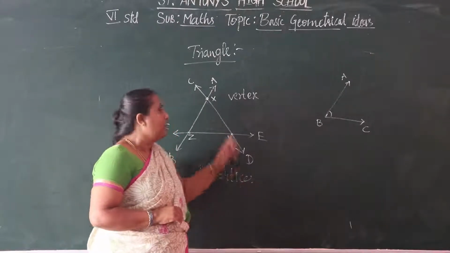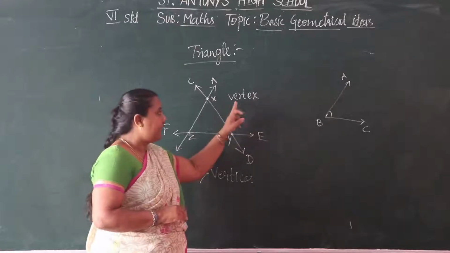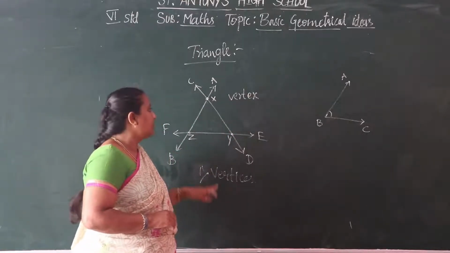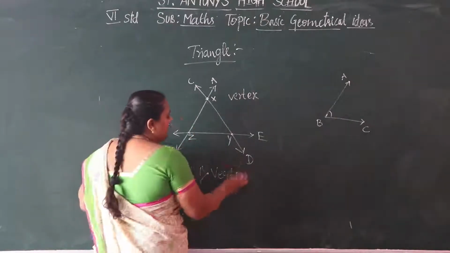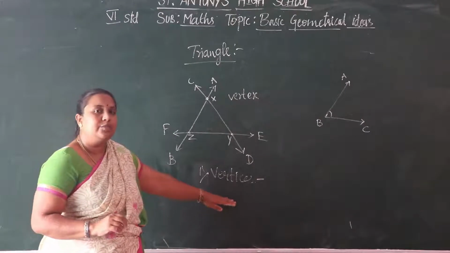V-E-R-T-I-C-E-S, vertices. If only one, it is a vertex. In plural form, vertices. So the first part of the triangle is vertices.